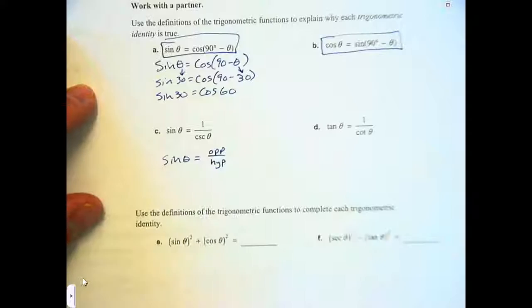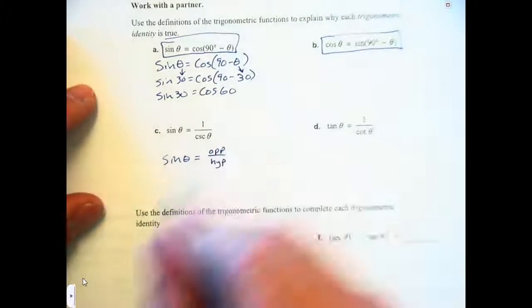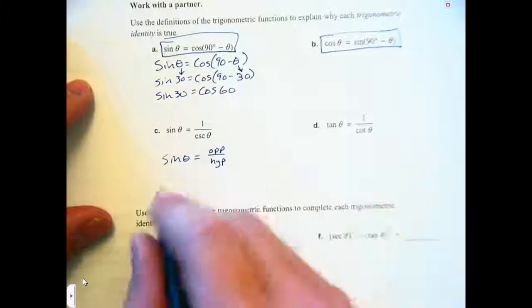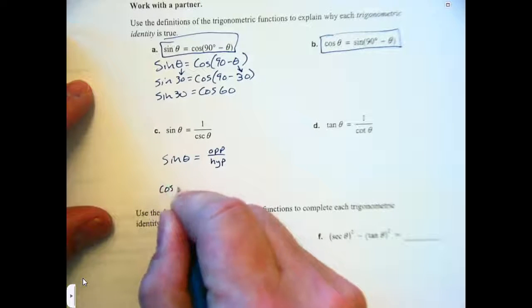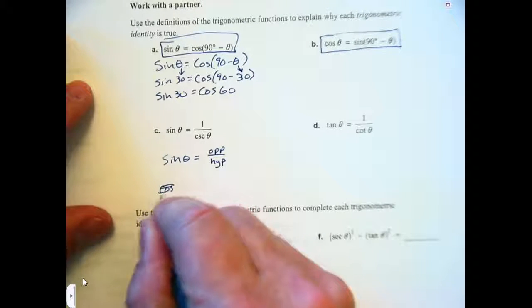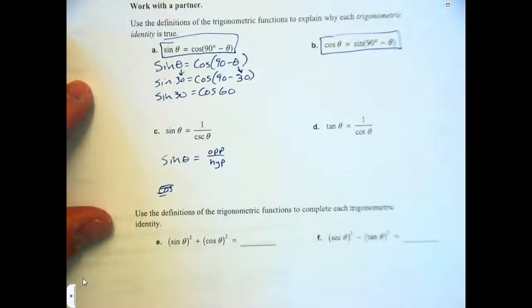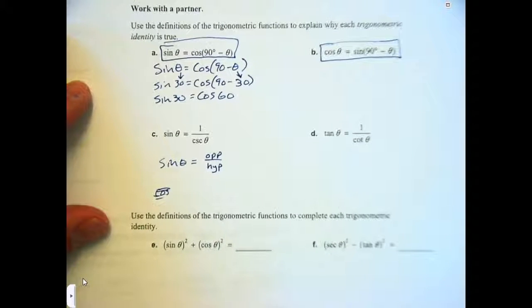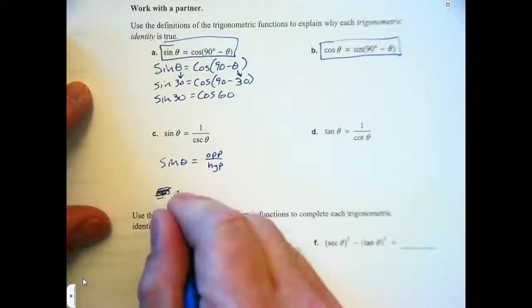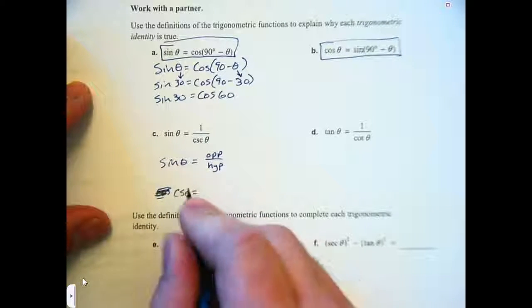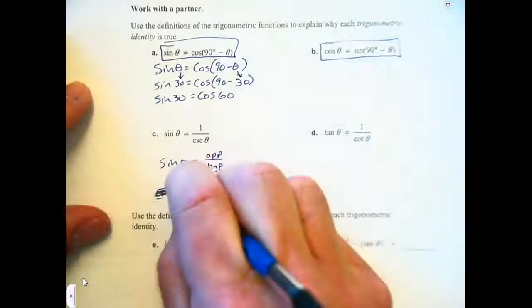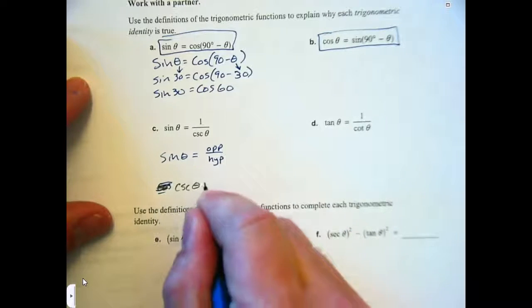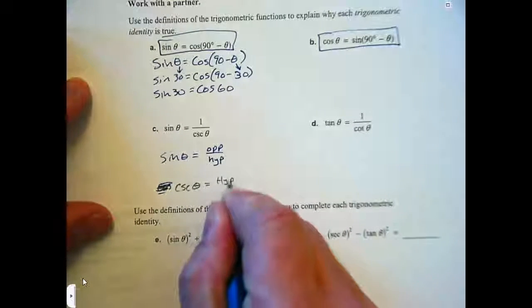Everyone agree? All right. Cosecant is equal to? Good. It's the hypotenuse over the opposite.